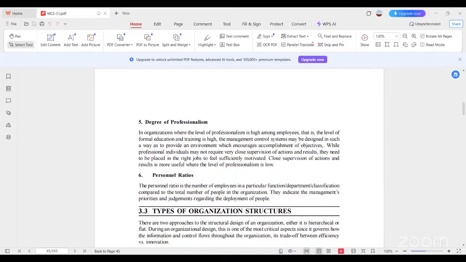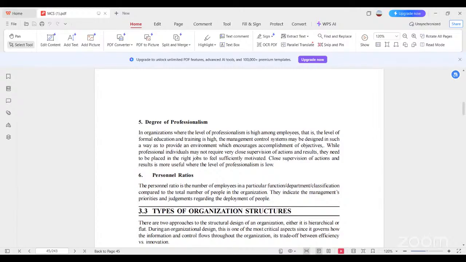For example, a professor has a kind of freedom in their teaching methods. At the same time, for a factory worker, you have a fixed process and supervision, right? So here I'm trying to show you the difference between those who are highly professional and those who are less professional.